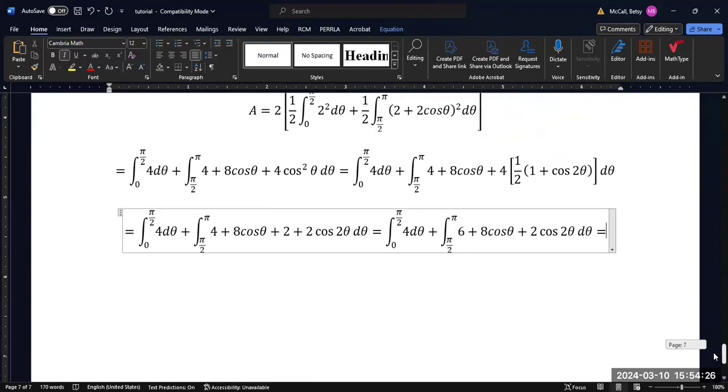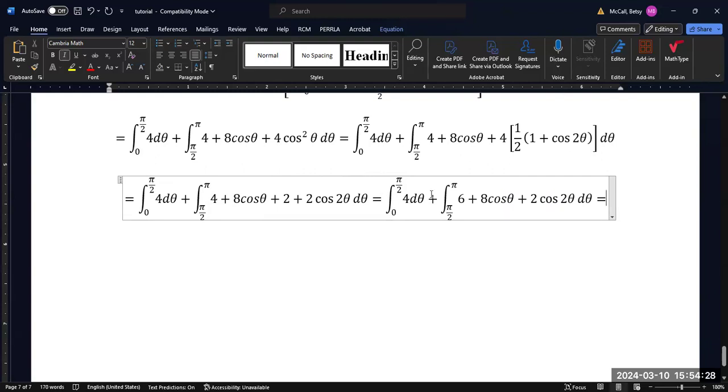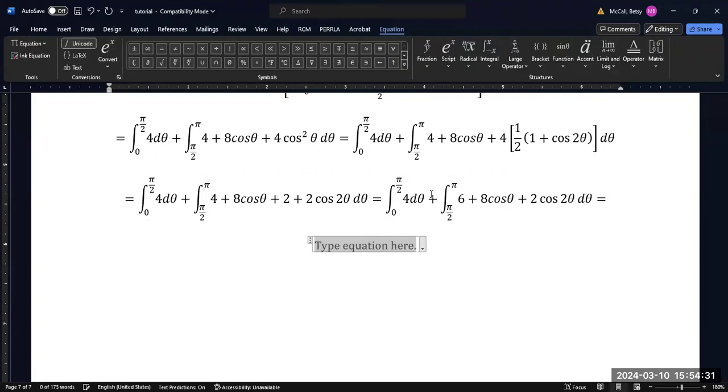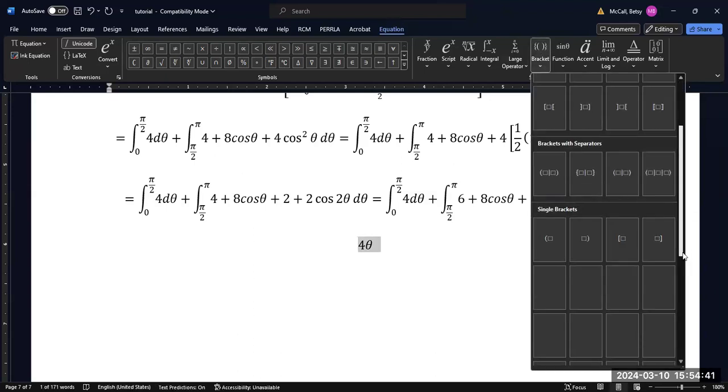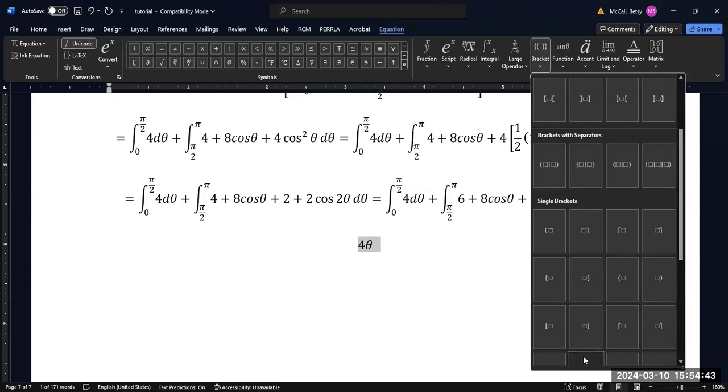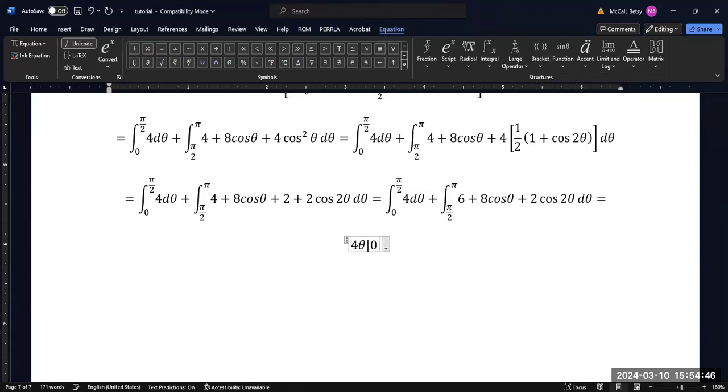And so now we can integrate all of this for theta from 0 to pi over 2.